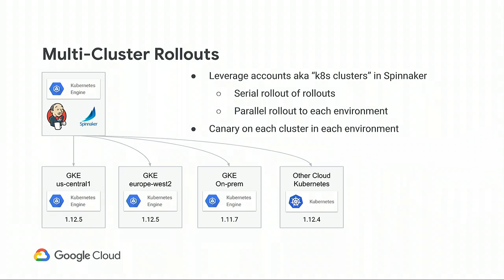Maybe your monitoring and your tooling is sufficient that you can do your canary rollout to every cluster all at the same time, but understand that you're looking at the results from your canary deployment in the context of many other variables at the same time. But the important part is to canary on each one because those differences could have an impact on your application, and also to use the same process for each cluster.